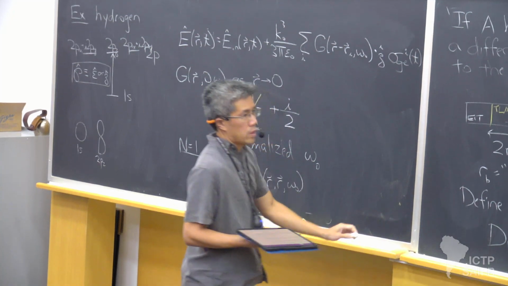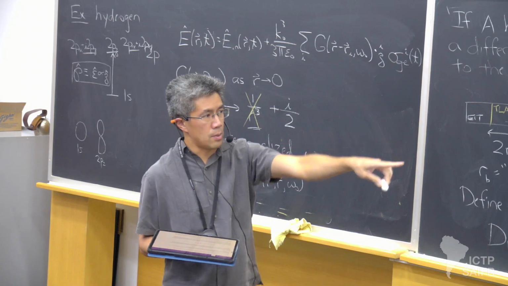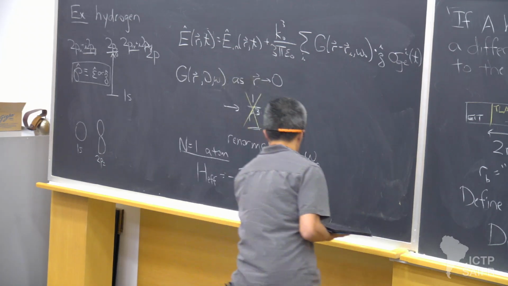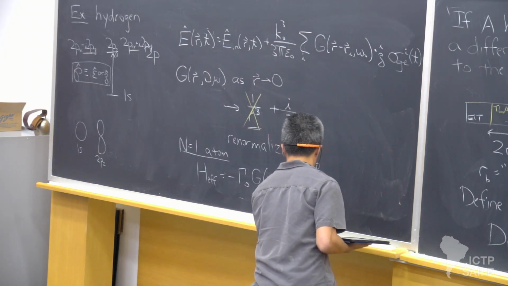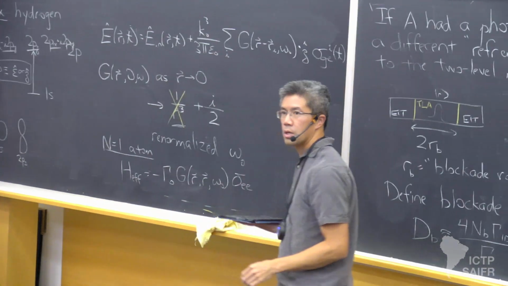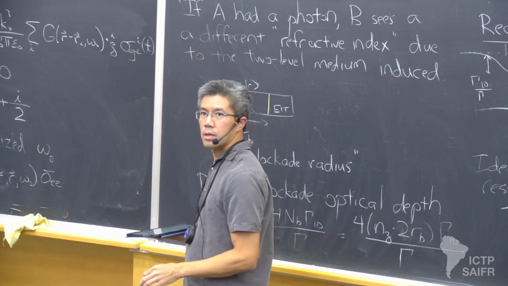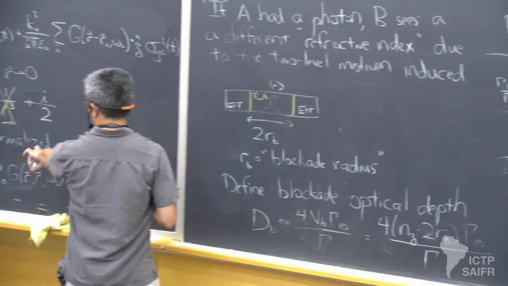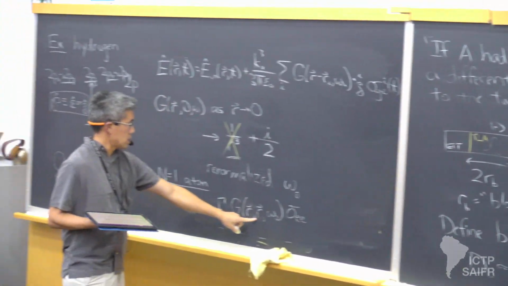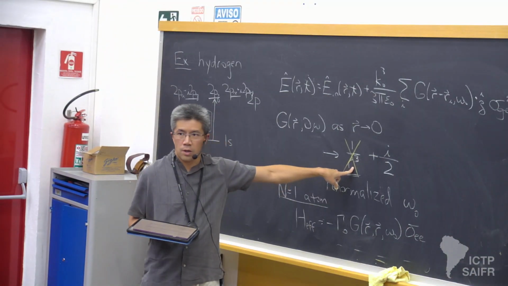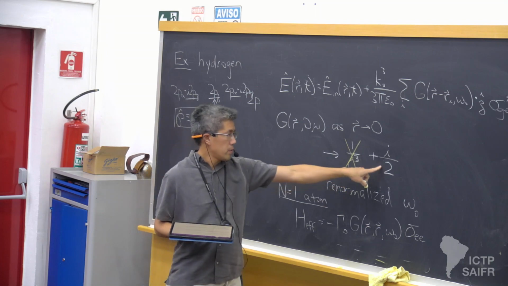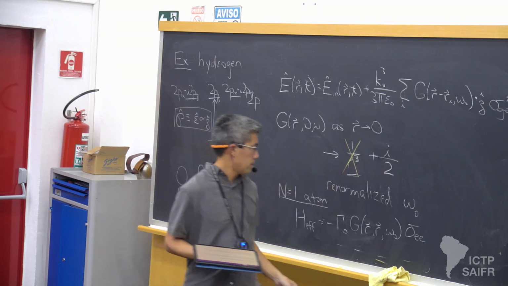And then if I have just one atom, sigma, the raising operator times the lowering operator of the same atom, is just the excited state population. By my prescription here, if I evaluate the Green's function at the same point, I should ignore the diverging real part and include the imaginary part.